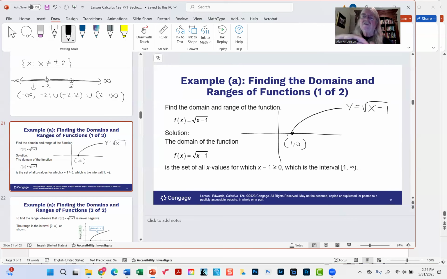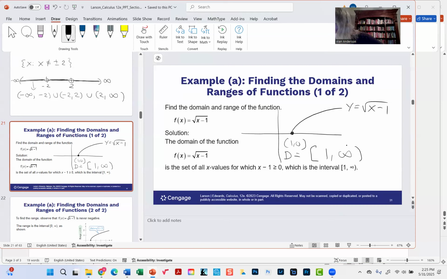So the square root function increases at a progressively decreasing rate. It starts here at (1, 0), and that means that the domain is anything from positive 1 to infinity, including the 1. So remember, the 1 counts.